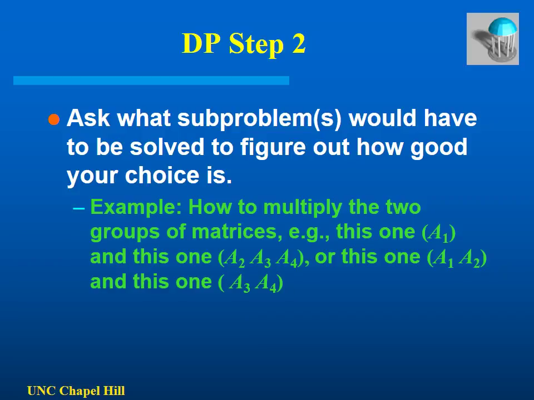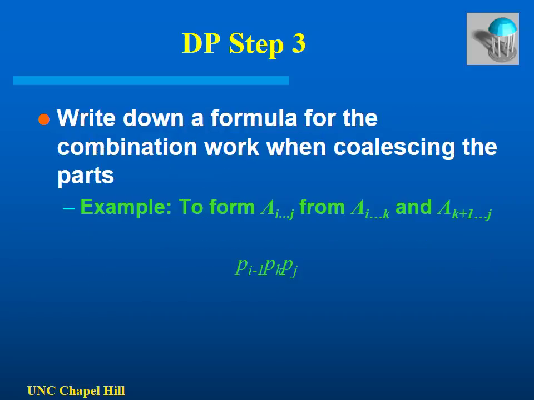Or, had you parenthesized differently, the matrix A1 has to be multiplied by the matrix A3. So then we need a formula for the combination work when coalescing the parts.